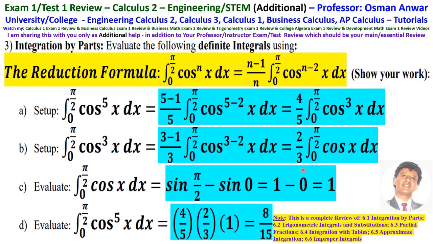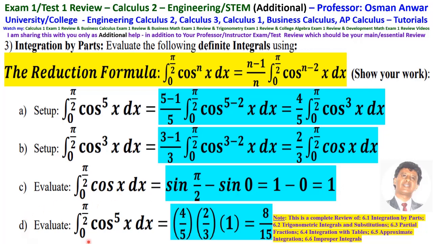Then we integrate this cosine x dx from 0 to pi over 2. The integration of cosine is sine, so it's sine x evaluated from 0 to pi over 2, which is sine of pi over 2 minus sine of 0, which is 1 minus 0 equals 1.